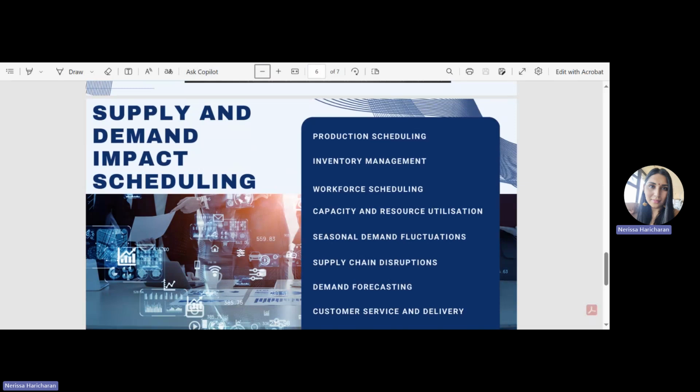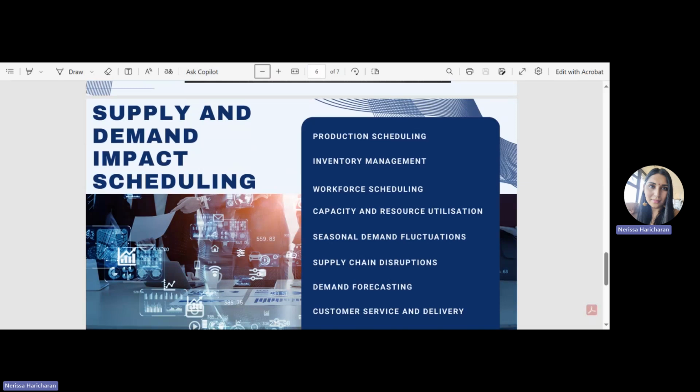And then the last one is customer service and delivery. So you want to be able to have a delivery schedule. A lot of courier services, like DHL and FedEx and UPS, adjust their delivery schedules based on demand. So when you have a high demand period, let's say it's Black Friday, more delivery routes are being scheduled.